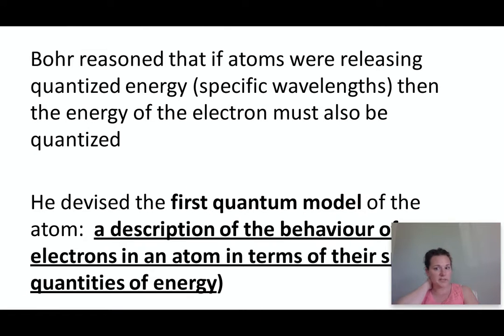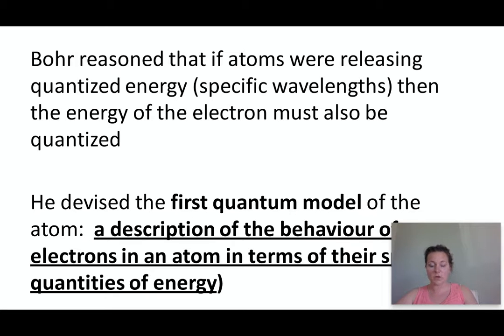Now, Bohr reasoned that if atoms were releasing quantized energy, so specific wavelengths, then the energy of the electron must also be quantized. He said because atoms with different amounts of electrons are releasing different amounts of energy, then the electron has to carry a specific amount of energy.